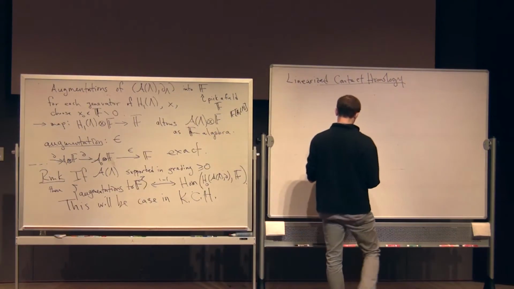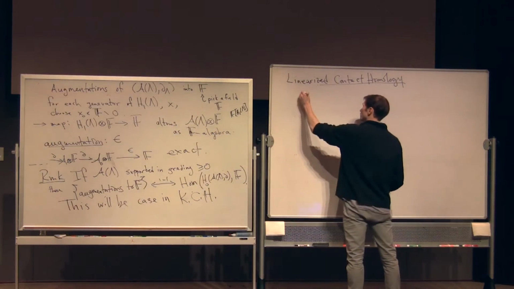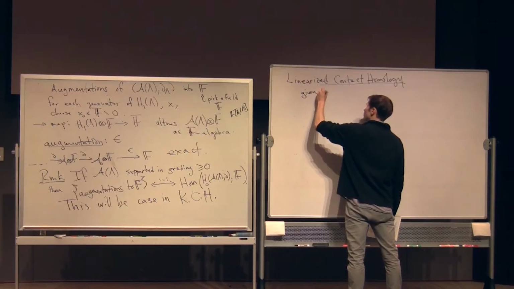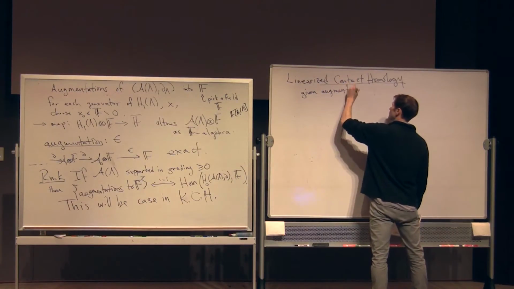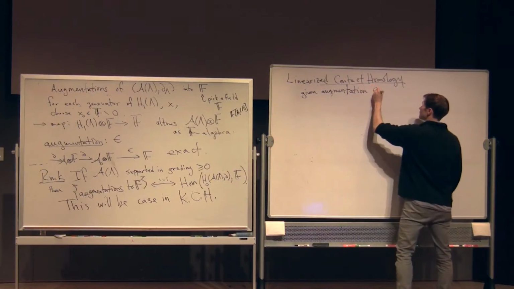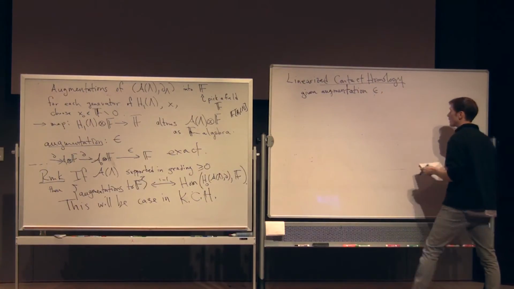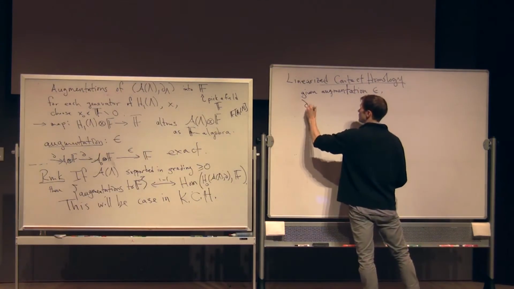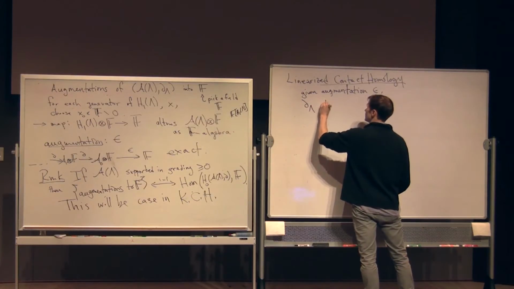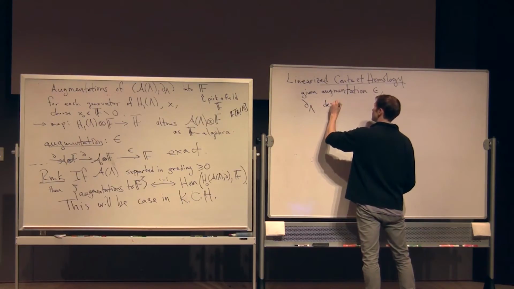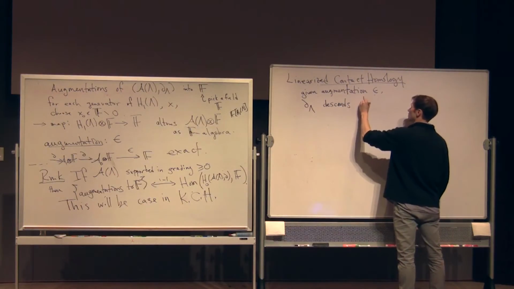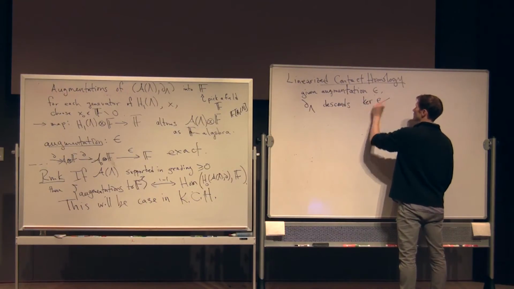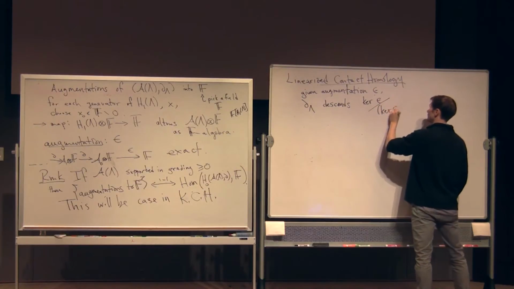Basically, if you're given an augmentation, the differential actually descends to the quotient algebra kernel of epsilon mod kernel of epsilon squared.